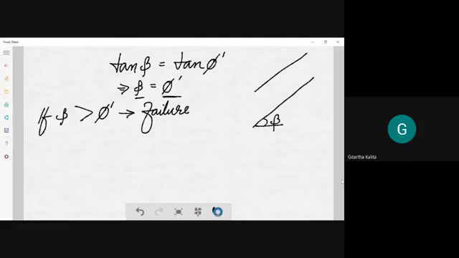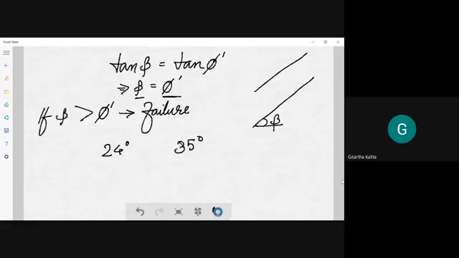Okay, so if we just think of the capacity, suppose phi dash is 35 degree, and beta, the angle of the slope, is suppose 24 degree, then there is stability.